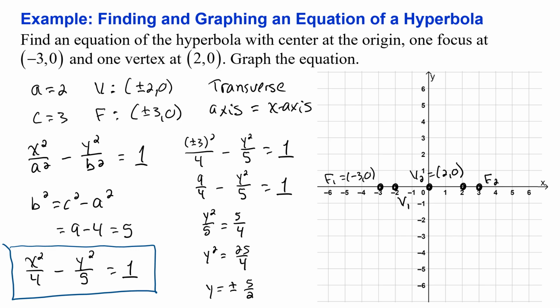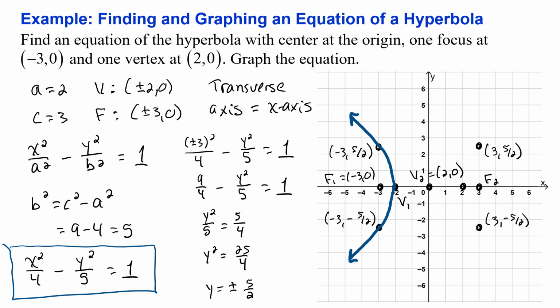So now we have 4 points that we can plot. Those points would be where x is negative 3 and y is negative 5 halves, and then x is negative 3 and y is positive 5 halves. Positive 3 comma negative 5 halves, and positive 3 comma 5 halves. So finally, let's connect v sub 1 to the points at negative 3 plus or minus 5 halves with a smooth curve.